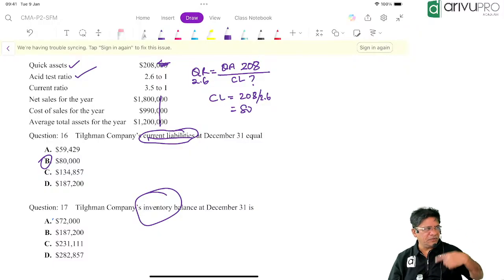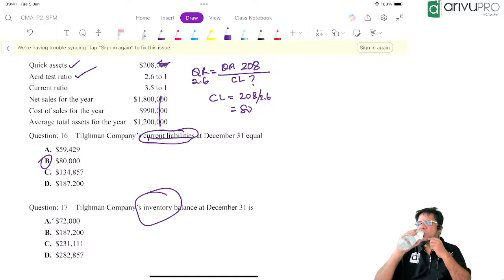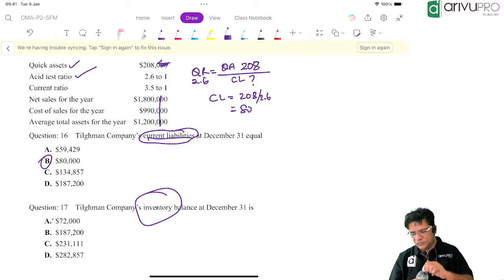Same continuing question. How much is the inventory?